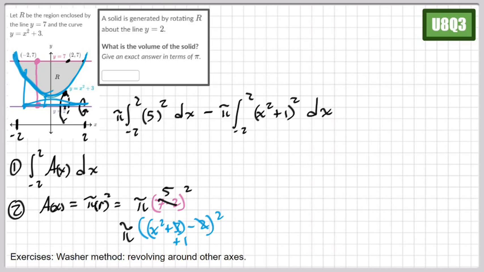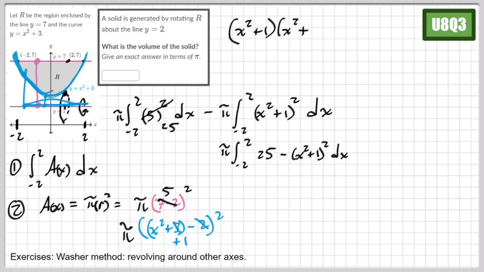Okay, I'm going to simplify this a little bit so I don't have to do two integrals. We have pi from -2 to 2, and I'm going to do 25 minus the other radius squared. So I have 25, which is the first radius squared, and I'm going to subtract from that x squared plus 1 squared. And I am going to have to multiply that out. So what is x squared plus 1 times x squared plus 1? That's going to be x to the 4th power plus 2x squared plus 1.